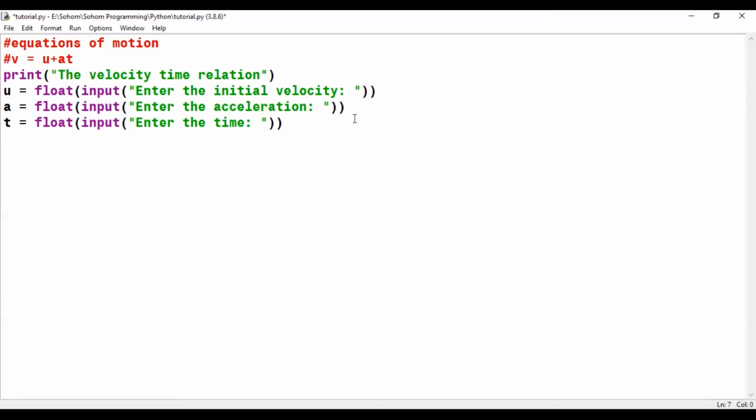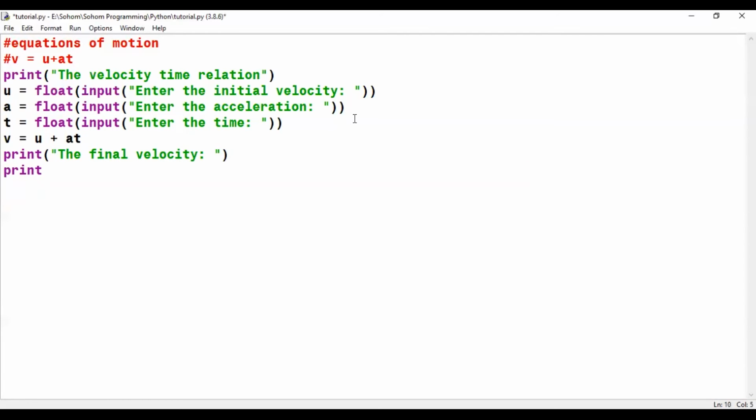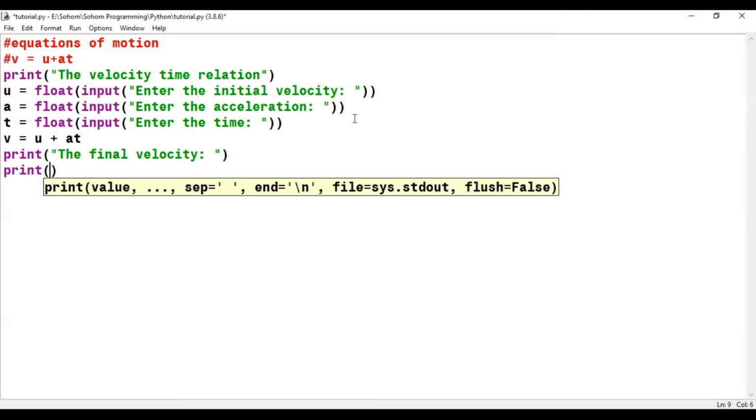And if I write v is equal to u plus at, I can print final velocity, and I'm just going to print v.